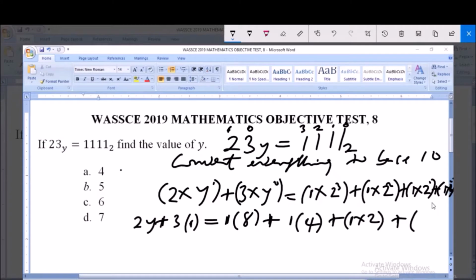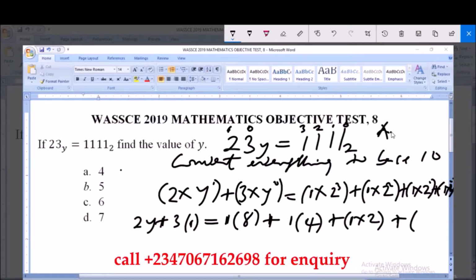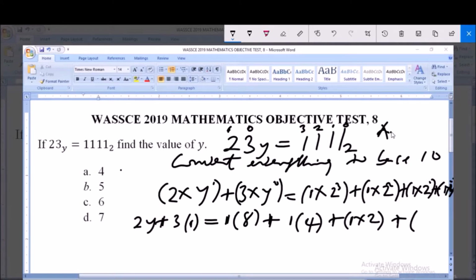So we have 2y plus 3 equals 8 plus 4 plus 2 plus 1.